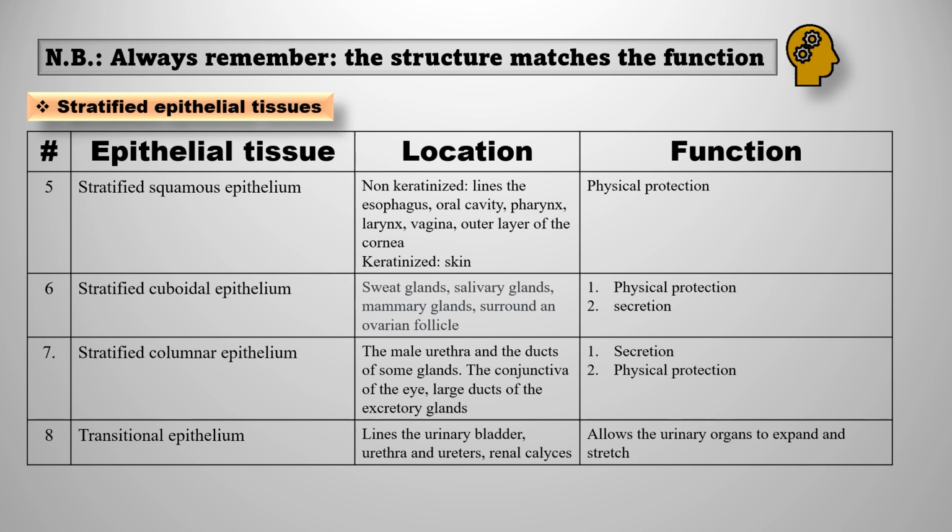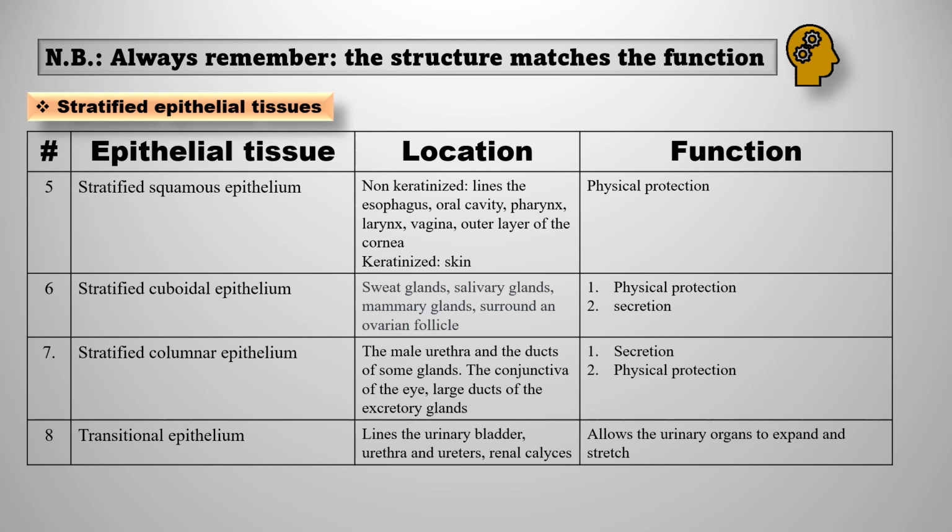What do we mean by keratinized or non-keratinized? Keratin is some sort of protein. It is a dead part, secreted by the upper cells, and it remains there. It provides more protection, and it is also waterproof.